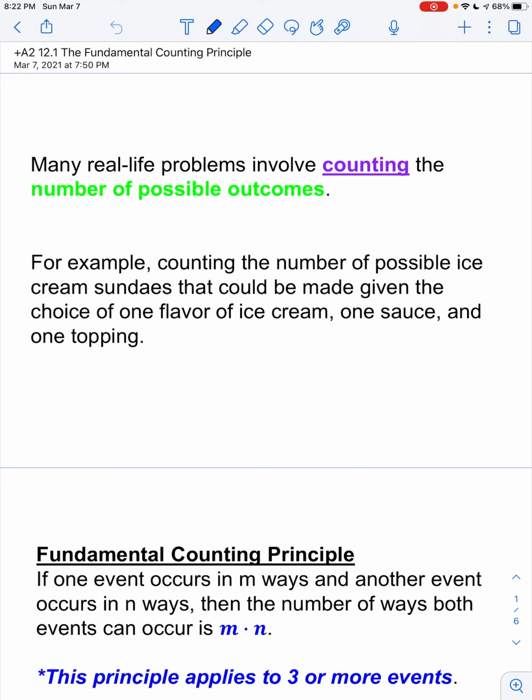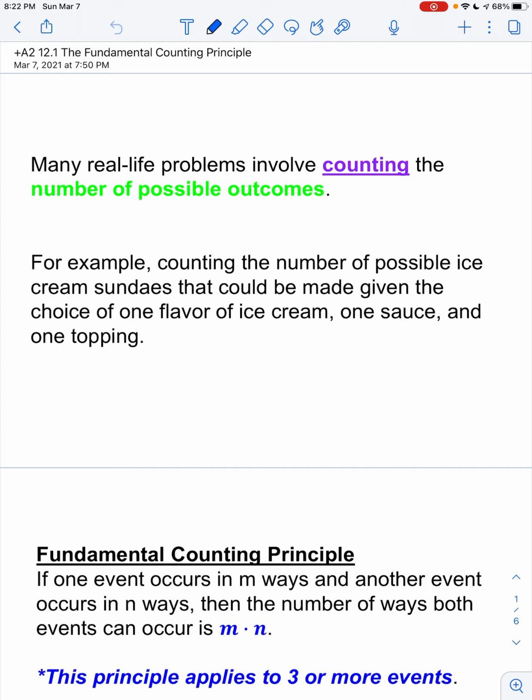But many real-life problems involve counting the number of possible outcomes. For example, counting the number of possible ice cream sundaes that could be made given the choice of one flavor of ice cream, one sauce, and one topping. Normally, I do a tree diagram on the board.